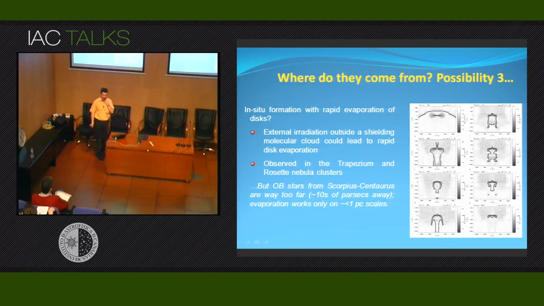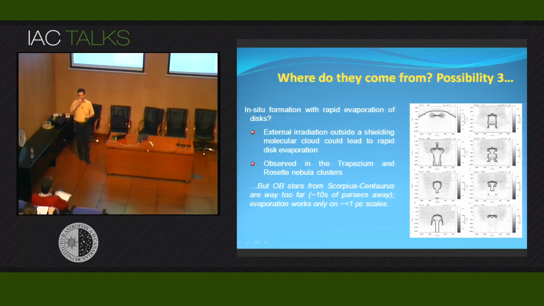But the problem is that, on the average, the stars in Scorpio Centaurus lie well too far from the Lupus clouds. It's much farther away than the surroundings of the trapezium stars in which we observe these disruptive effects. So we should invoke either more massive stars existing in the past and more closely embedded in the Lupus clouds, or simply a different effect.